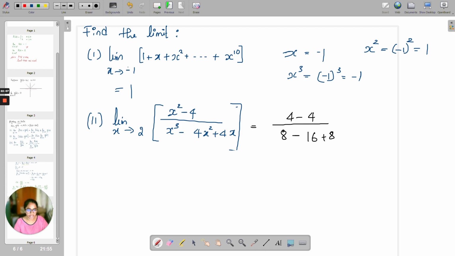So I would get 8 plus 8, 16, and 16 and 16 would get cancelled. In the numerator, again I would get 0. So in mathematics, 0 by 0 form is called an indeterminate form. It is not defined yet.